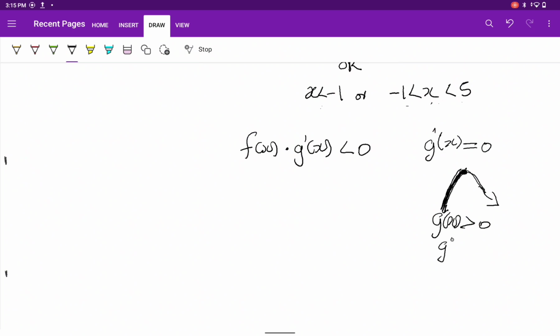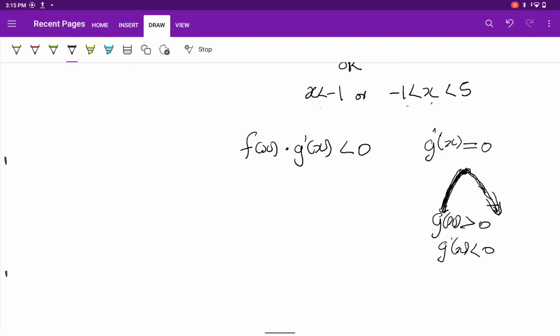But if the prime is less than 0, it means the graph is decreasing. So this prime is actually telling us about the motion of the graph, whether it's increasing or decreasing or just stable. So now remember, less than 0 means negative.